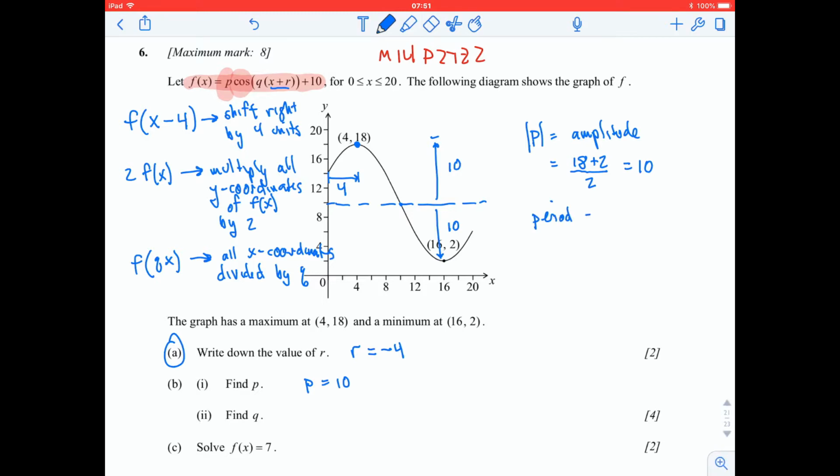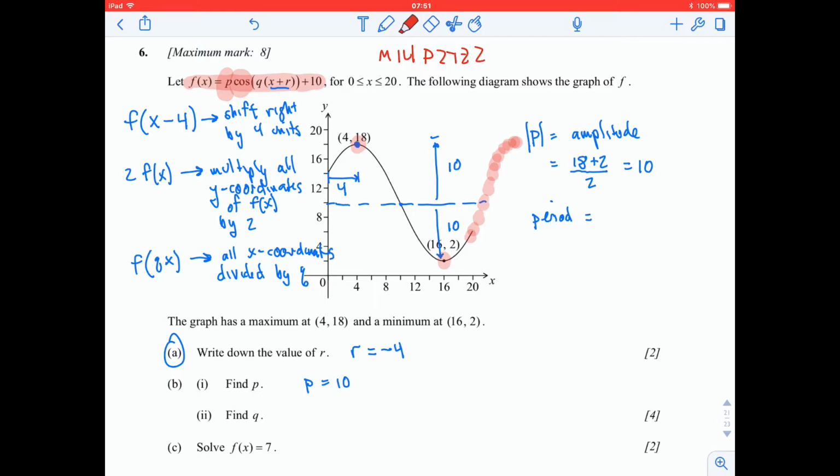We can figure out the period of this graph by looking at this maximum value and that minimum value. And we can see that between the maximum and the minimum, that's actually half a period. The way to visualize that is that if this graph continued, in order to get back up to a y value of 18, we would have to do the same trip that we had done to go from 18 to 2.